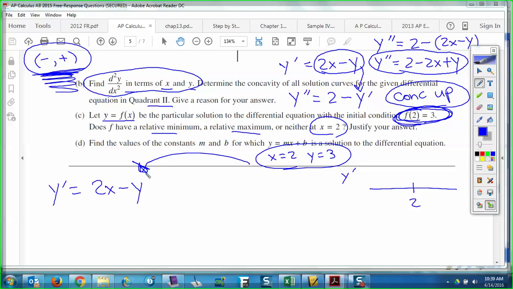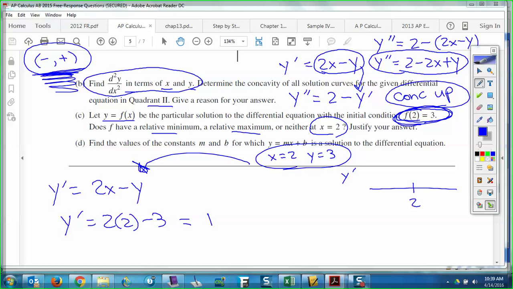So we get y prime equals 1. So at the point 2, 3, the slope is 1. That's what we just found.